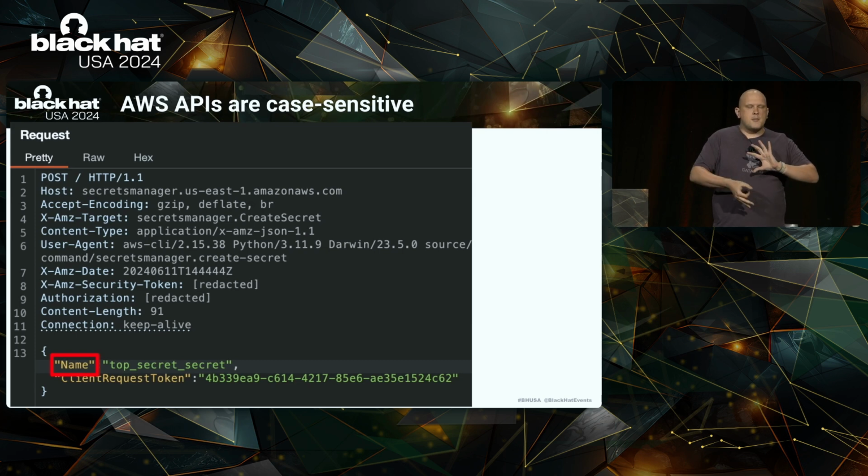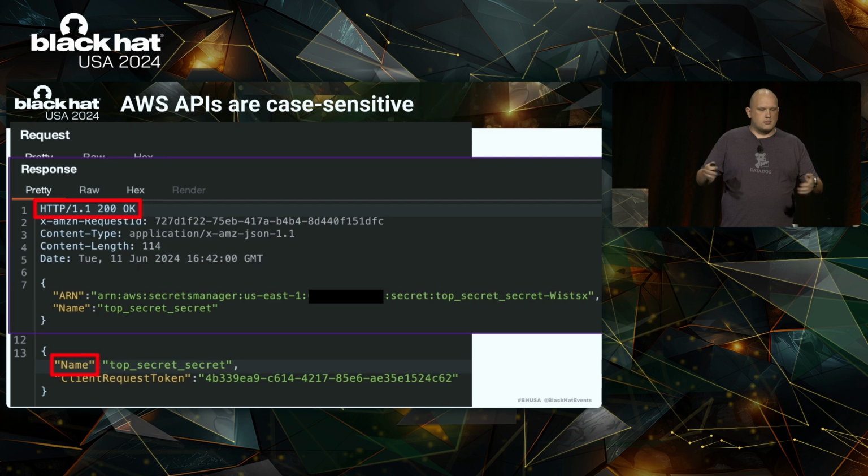So as a completely unrelated API, just to demonstrate this behavior, here we're performing the Secrets Manager CreateSecret API call. And that expects a Name parameter with a capital N. So long as you meet this expectation, you get a 200 OK, everything worked normally, you successfully created a secret.